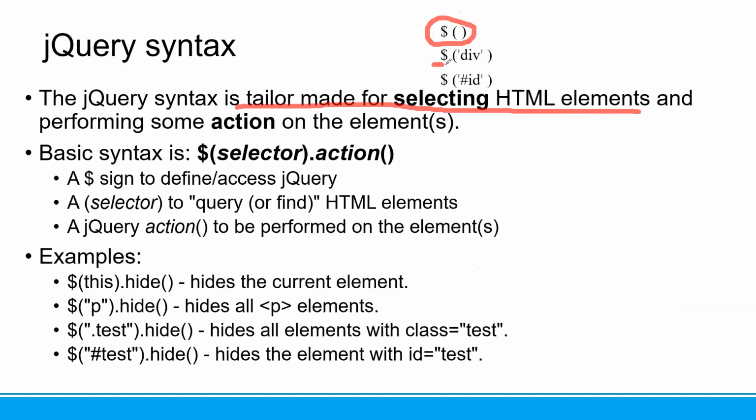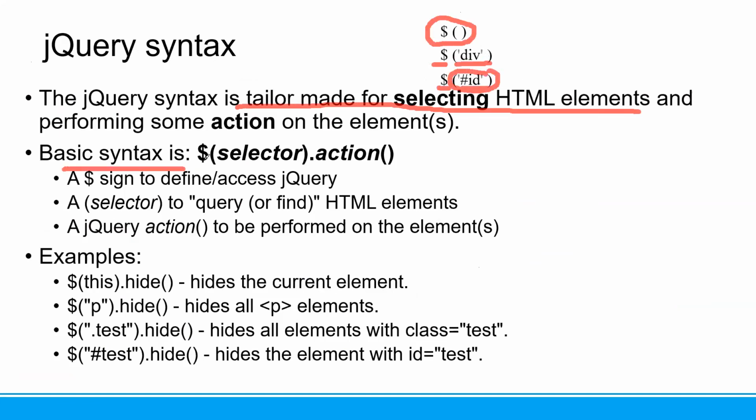So if we put dollar and div, it means I want to do something related to the division in the HTML. If I put dollar with the ID and the sharp, then I would like to do something on the relevant ID.